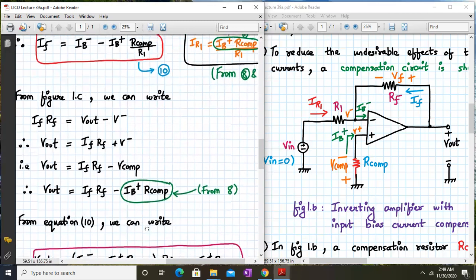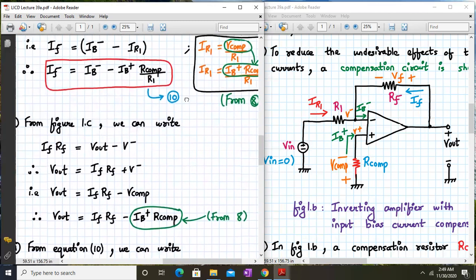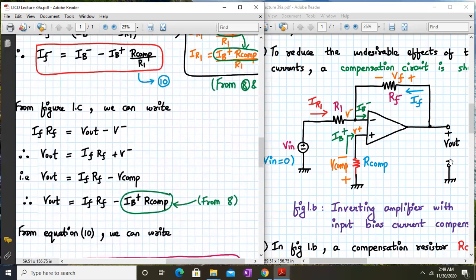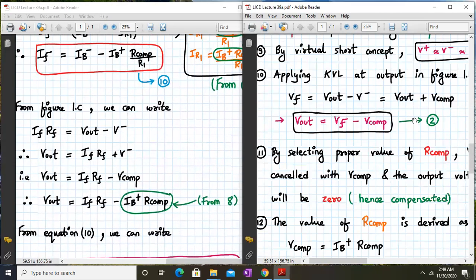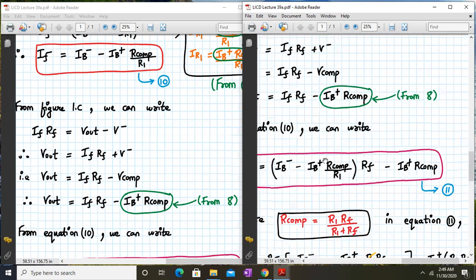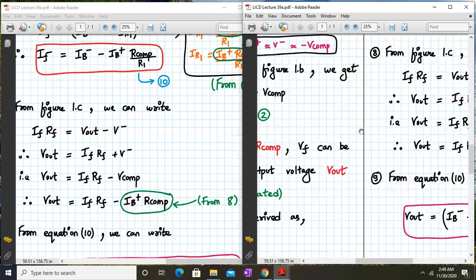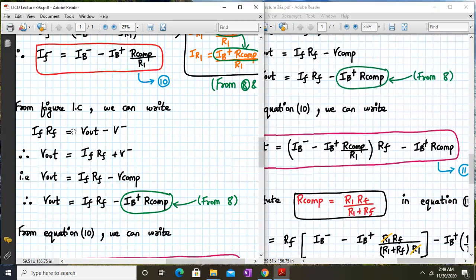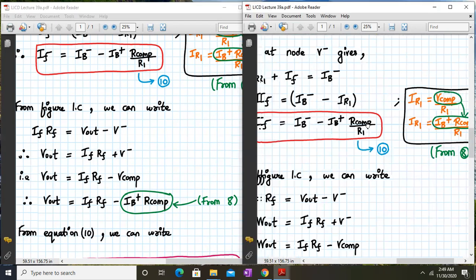Now from equation number 10, this is equation number 11 and this is equation number 10.